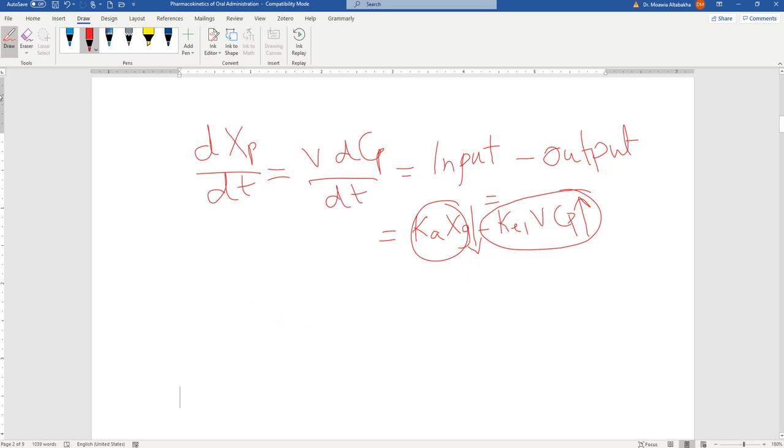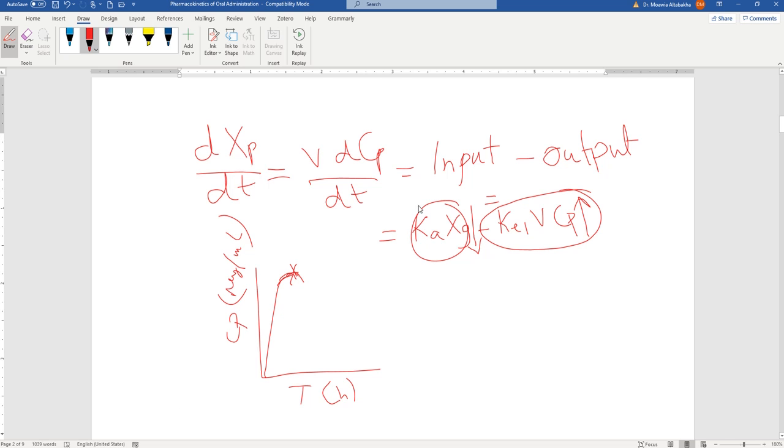So let's put it in a graph. Okay, this is the graph. We have time, for example hours, and we have concentration, for example microgram per ml. So we have an increase in concentration until we reach the peak. What happens after that? The rate of absorption keeps decreasing very quickly. Why?